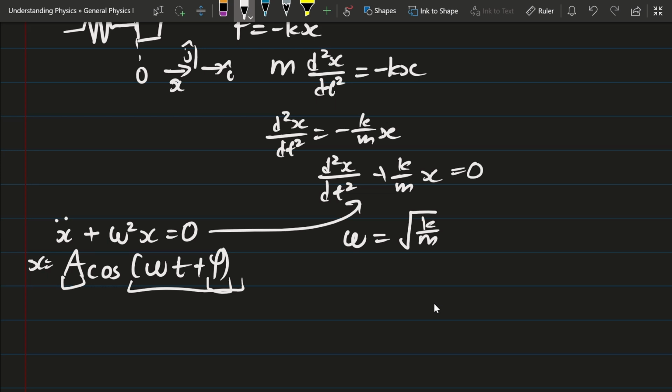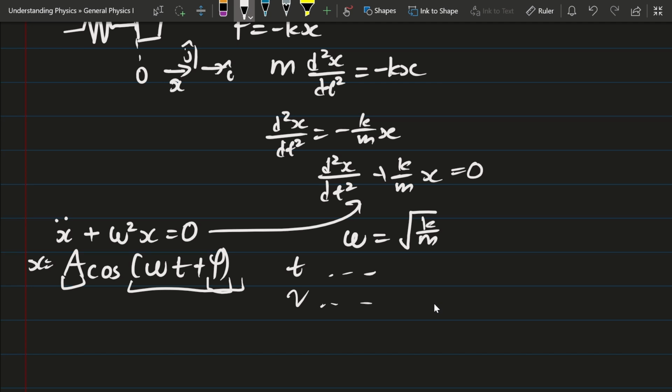Normally you would have a system where at a certain time its position is somewhere, and you would know its velocity to be something. You can later figure out what the phi and the A are, and then if you plug it in, it will simulate the entire system.